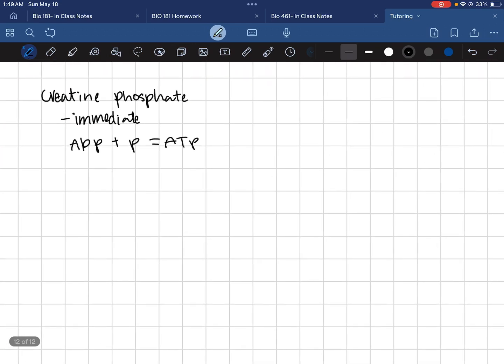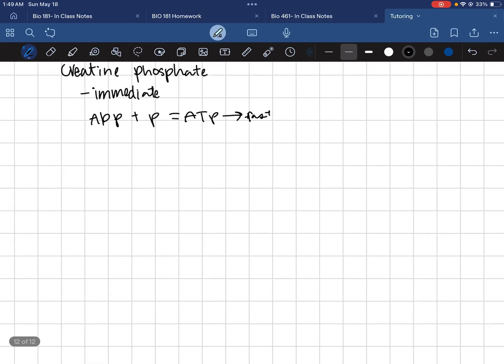And then the advantage of this means that it's fast. It's a fast, reliable source. The only disadvantage is the fact that it's limited. It's a limited supply, and it's used during short bursts of energy.